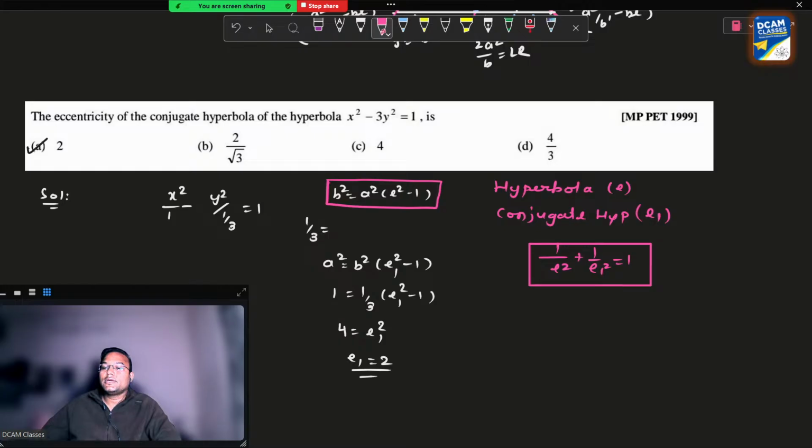That relation also you can use, but because solving was very easy, you won't be needing it. The formula that I gave you is easier for you. Acha, let me give you one more question, then we'll proceed.